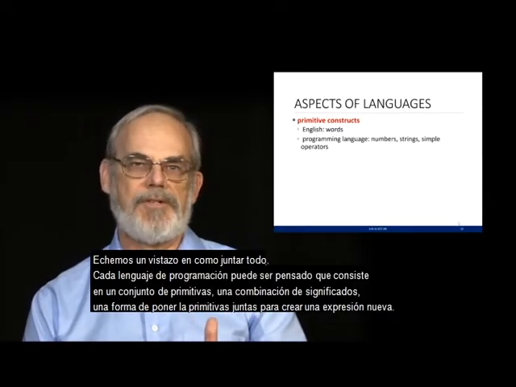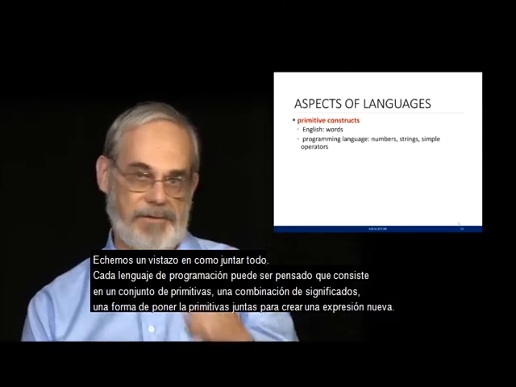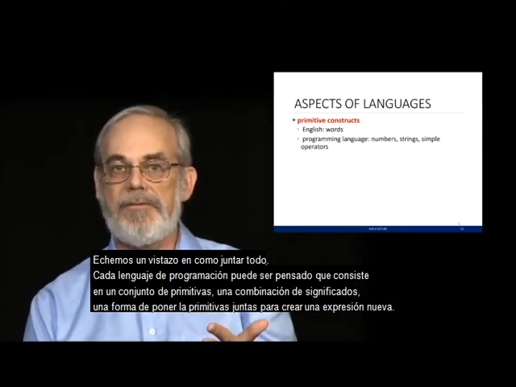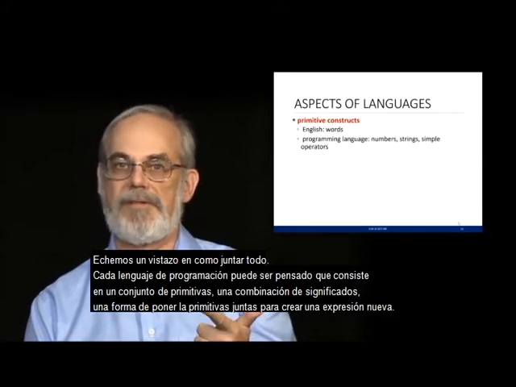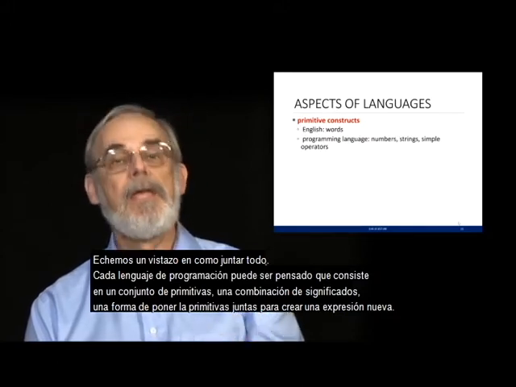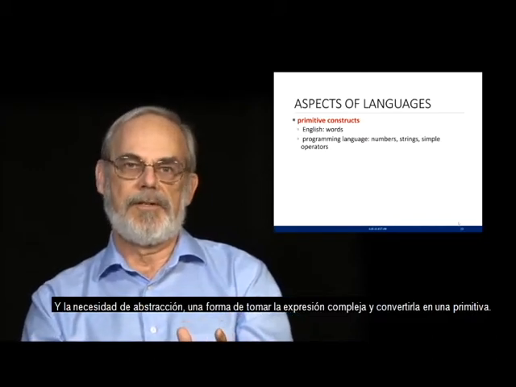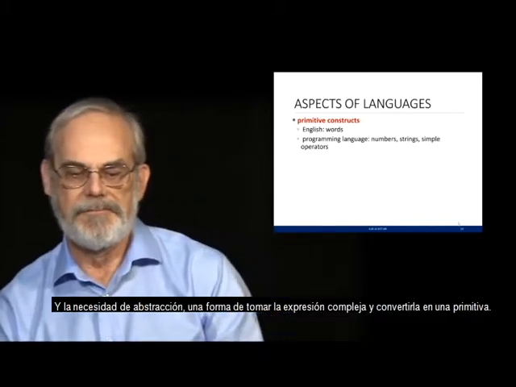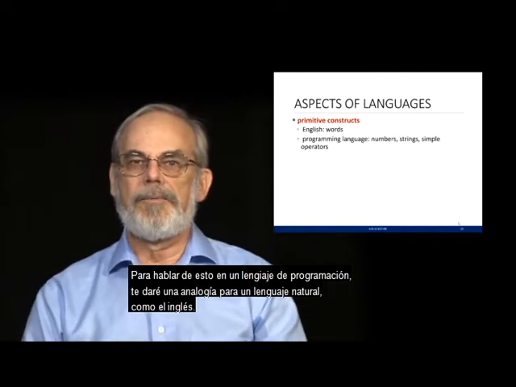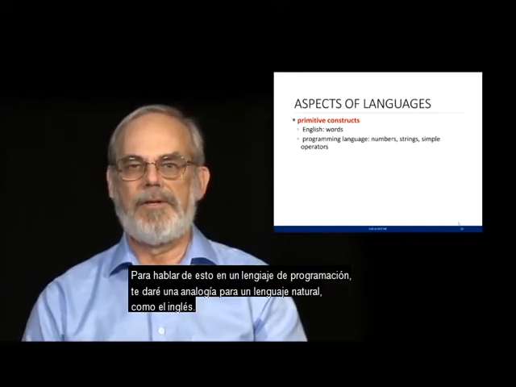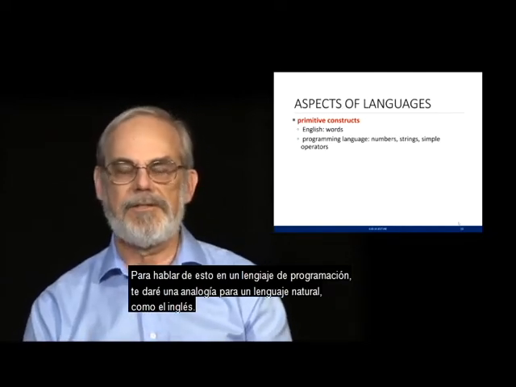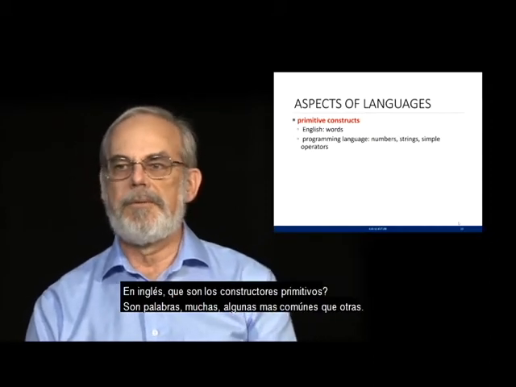Every programming language can be thought of as consisting of a set of primitives, a means of combination, a way of putting those primitives together to create new expressions, and a means of abstraction, a way of taking some complex expression and treating it as a primitive. To talk about this, I'm going to give you an analogy to a natural language like English. In English, what are the primitive constructs?